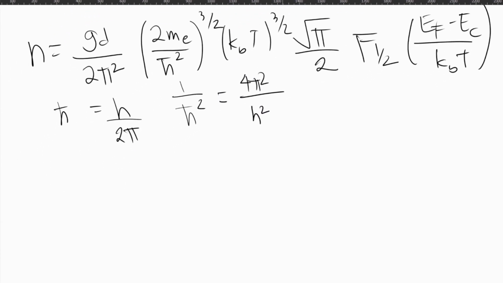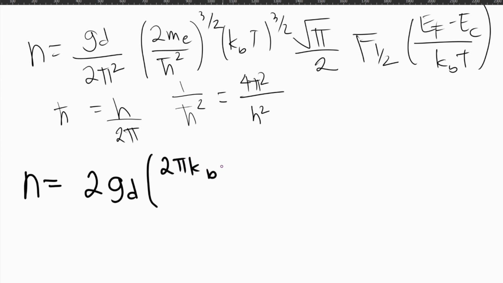Laki natin yung font. Yan. We'll get that n, or our concentration of electrons, will be equal to 2 GD. Then we can put this all in one expression: 2 pi kb t me over h squared raised to 3/2.